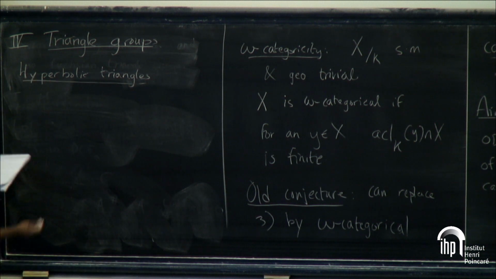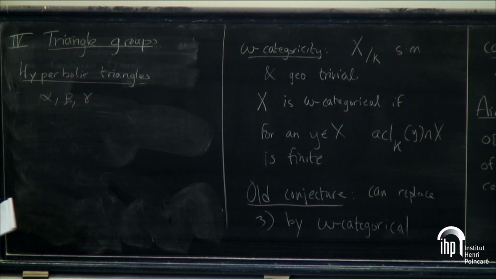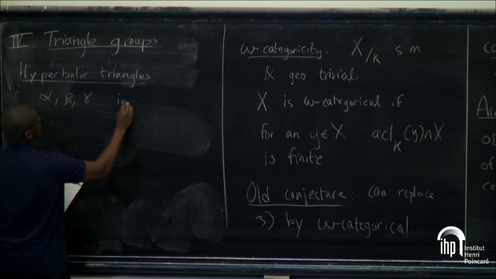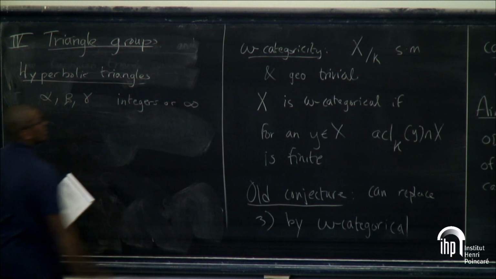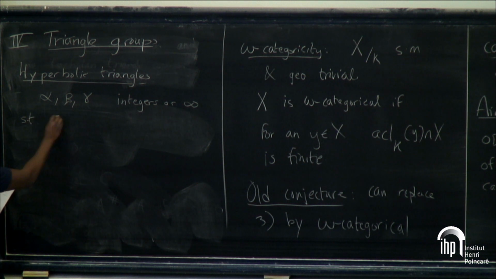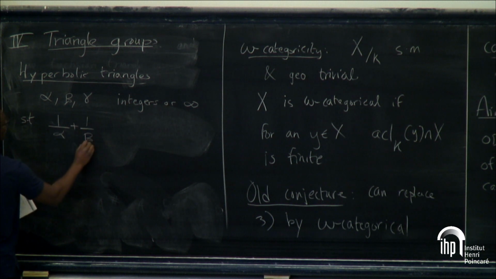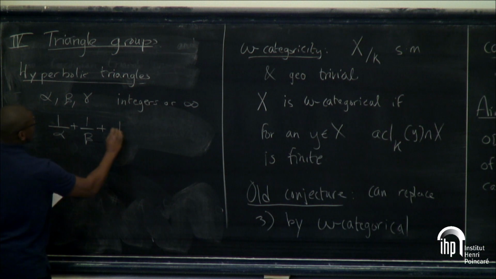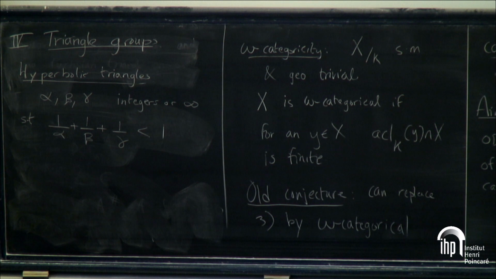And the data for a hyperbolic triangle is alpha, beta, gamma, integers, or infinity, such that if you look at the sum of reciprocals of the integers, and 0 if it's infinity, you have less than 1. And this is simply saying that the volume is less than pi.